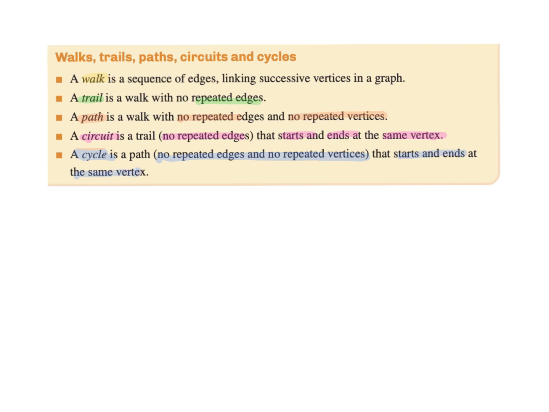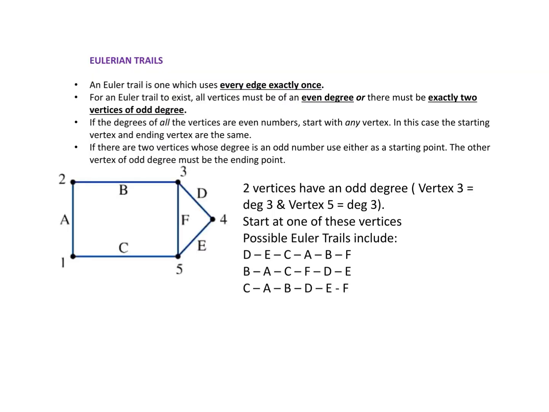All right. Okay, so we now are going to talk about a Eulerian trail. Remember, a trail has no repeated edges. A Eulerian trail uses every edge in the network.